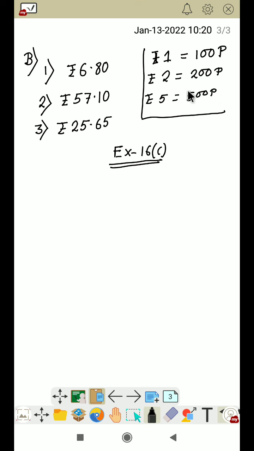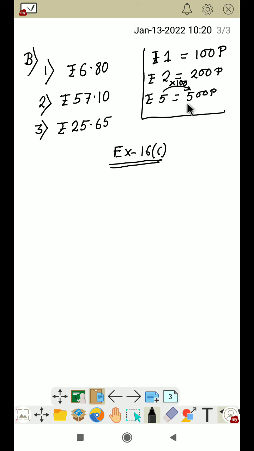Now you can observe that whenever you want to convert rupees to paise, you multiply the number by 100.